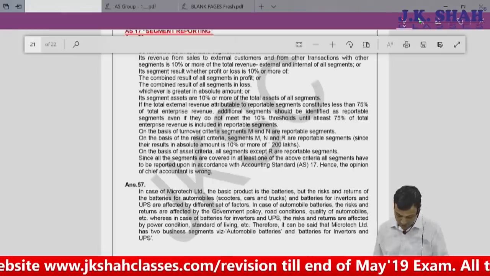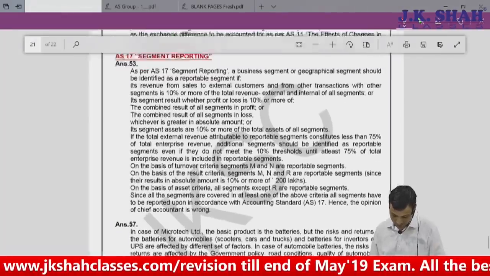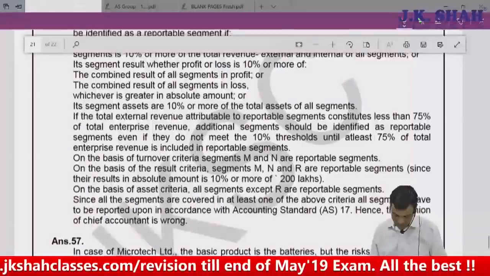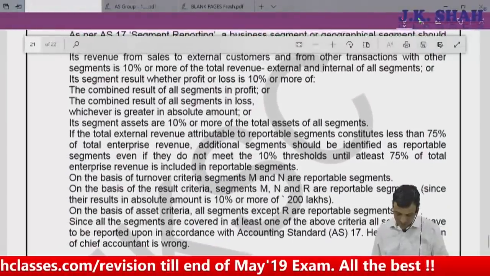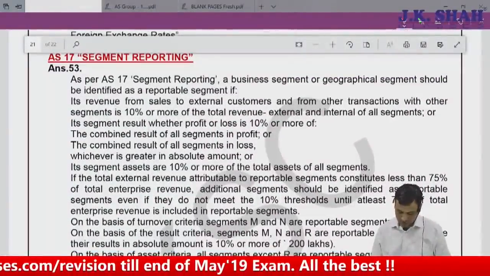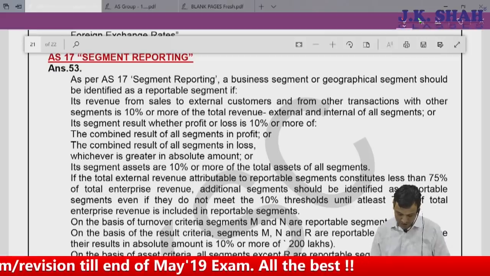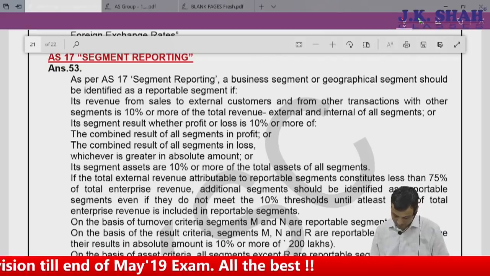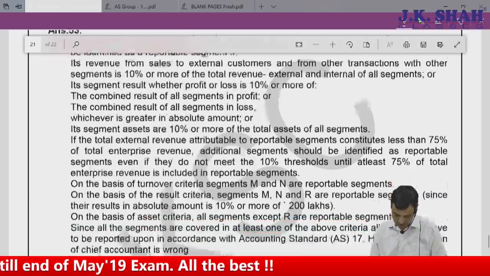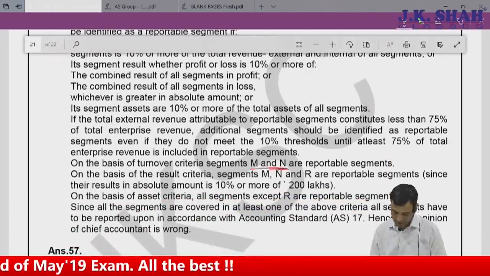So here is the solution for you. On the turnover criteria, based on revenue from sales to customers, M and N are reportable.